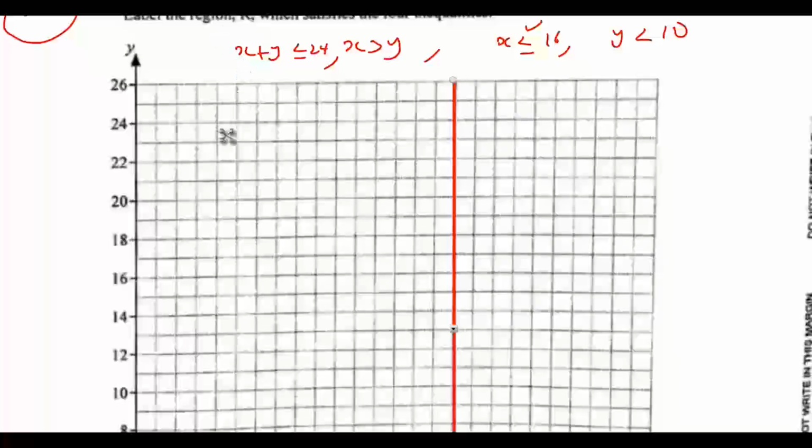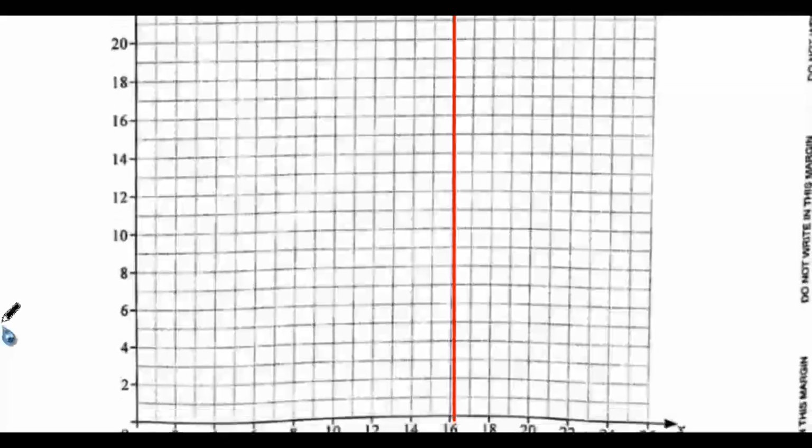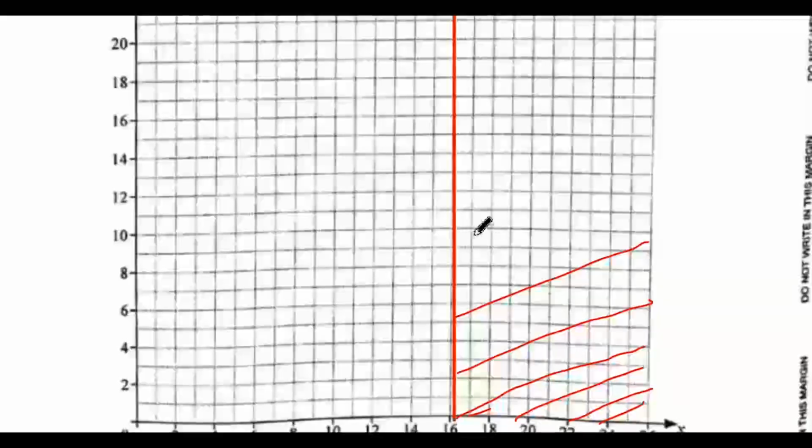So that's the first one, and in this case we are asked to shade the unwanted regions. From this, we need all the values of x that are less than or equal to 16. So this side is the wanted side, which means we need to shade the other side.